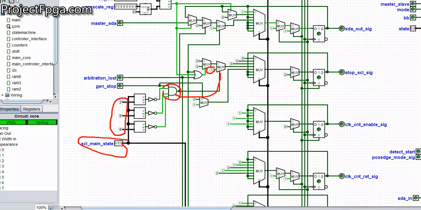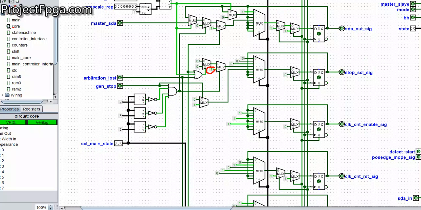Remember, 3 and 4 are for transmission and reception. So at the end of every transmission and reception, it goes to either state 5 or state 6. Whenever it goes to either of these states, it sends an acknowledgement. So that is why this bit here is 1. So long as it's not in any of these states, keep this stop SCL low.